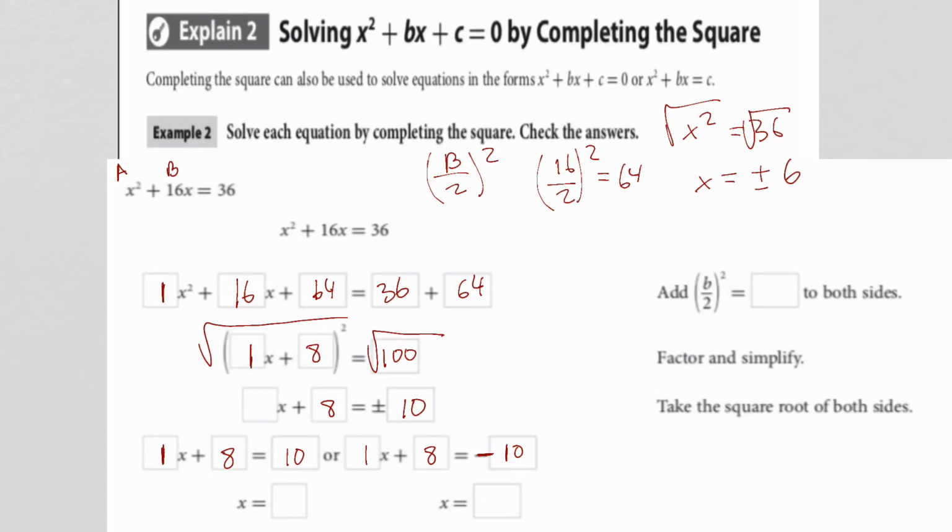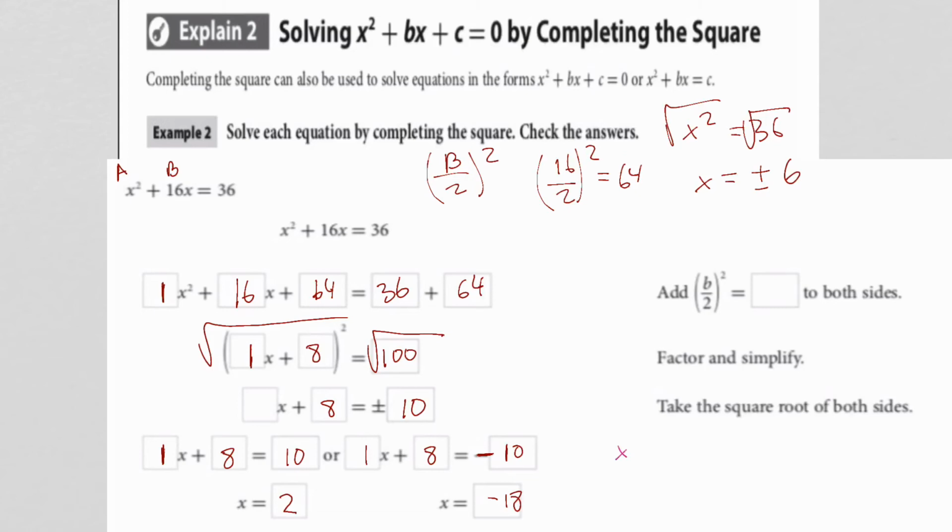And now subtract 8 from both sides. x is either 2 or x is negative 18. And now we can see, well, let's plug these solutions back into our original equation.